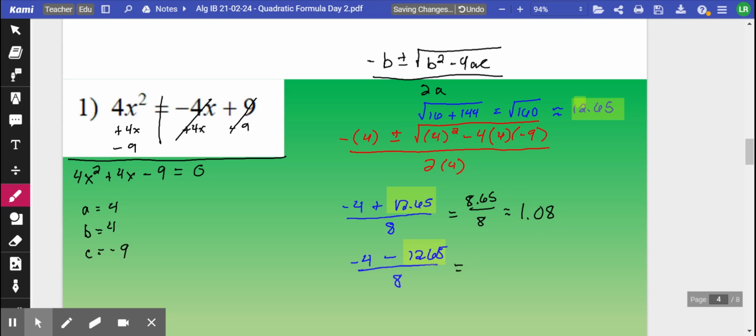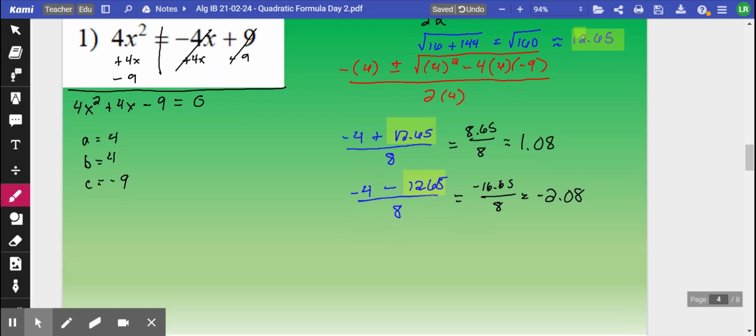And the next one, -4 minus 12.65 is -16.65, divided by 8, and I'm getting -2.08. So my two answers are 1.08 and -2.08.